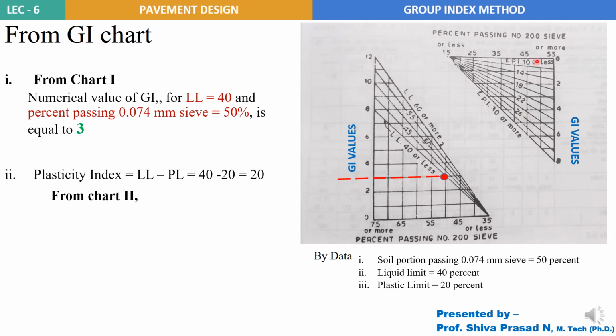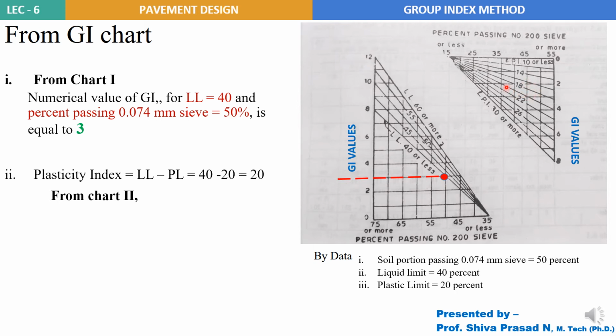If you begin from here, 10, then 14, 18, 22, 26, and in between we have many other inclined lines. Let's search for the plasticity index 20 line: 14, next maybe 16, 18, 20.